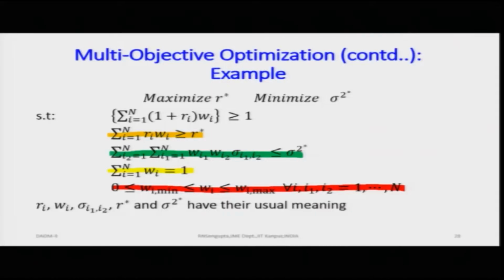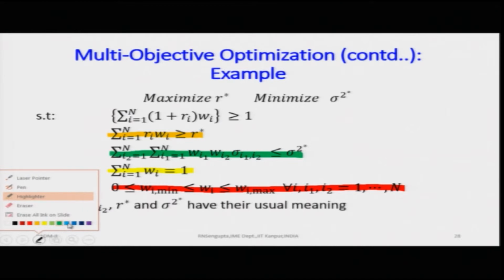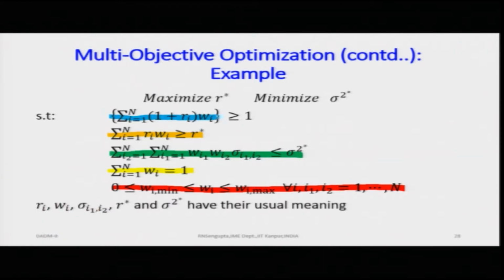sigma square star. The final constraint is this one, let me use the blue color. This is also very logical in the sense that, consider that initially when I start investing, my total amount of returns after one time period, two time periods, whatever I have, would always be greater than or equal to the total investment which I have already made at the initial time.